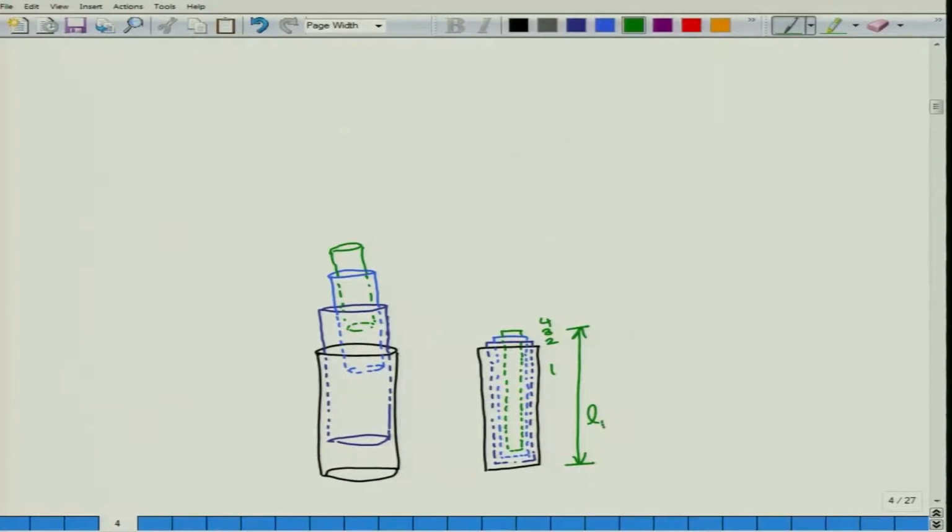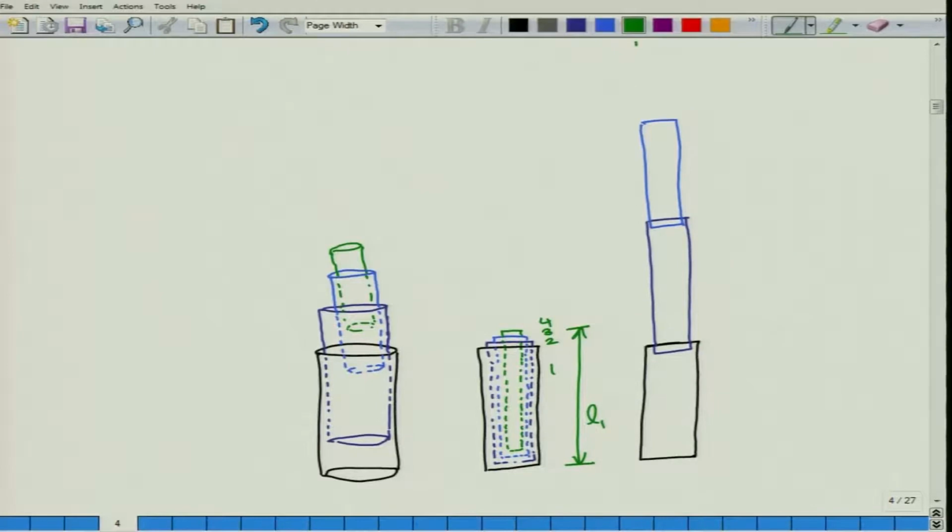But when you extend all these tubes, you will get something like this: the first portion, followed by the second portion, followed by the third portion, you have 1, 2, 3 and 4.